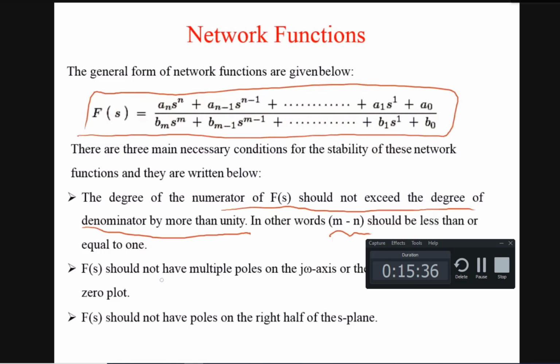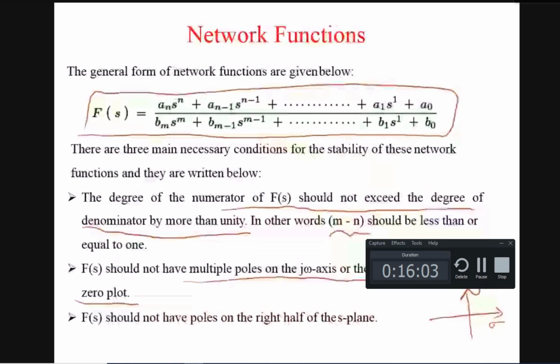And F(s) should not have multiple poles on the j omega axis, or the y-axis of the pole zero plot. In the pole zero plot, you may know, the real part is on the x-axis and the imaginary part on the y-axis. The poles and zeros are plotted on this.